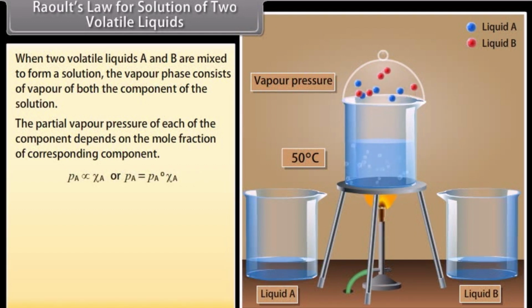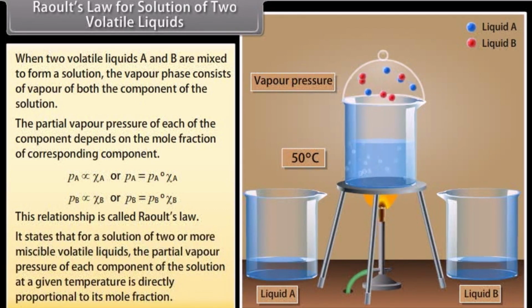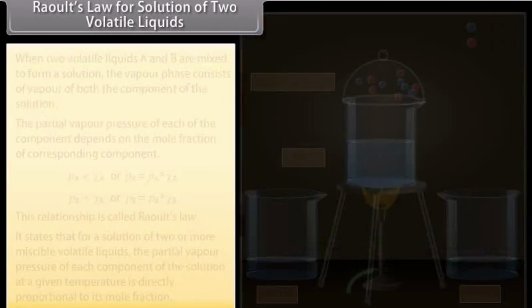P_A = P_A° × X_A, and P_B = P_B° × X_B. This relationship is called Raoult's law. It states that for a solution of two or more miscible volatile liquids, the partial vapor pressure of each component of the solution at a given temperature is directly proportional to its mole fraction.